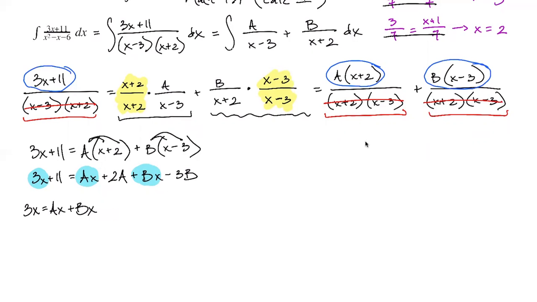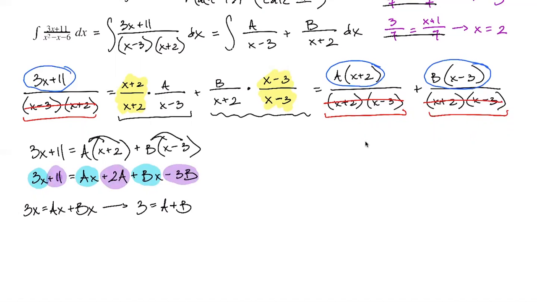So really I have 3 equals A plus B. Okay. Now let's collect all the terms that don't have an x. Plus 11 equals 2A minus 3B.